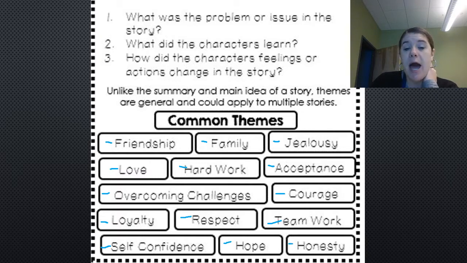These are themes that are commonly found throughout literature, but these are probably things that in elementary school you were able to discover while you were reading. Since we're doing middle school ELA, it's going to be time for us to really beef up our thinking about what themes are in our literature, and we're going to do that today.